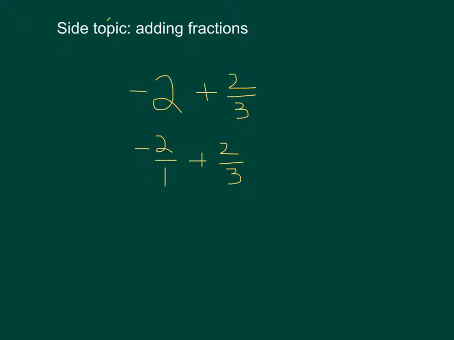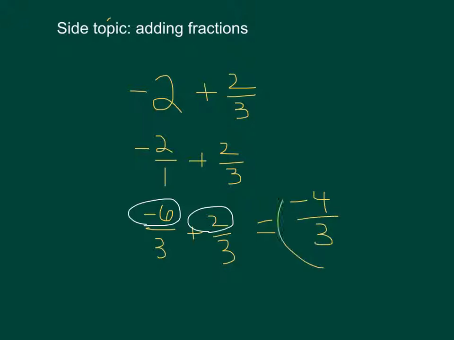So you're saying -2/1 is the same thing as saying -6/3 plus 2/3. And a lot of us can get here, but now we have the component of -6 plus 2. We all know -6 plus 2 is -4, and then it's just over 3. And you leave it as an improper fraction as long as it's completely reduced.